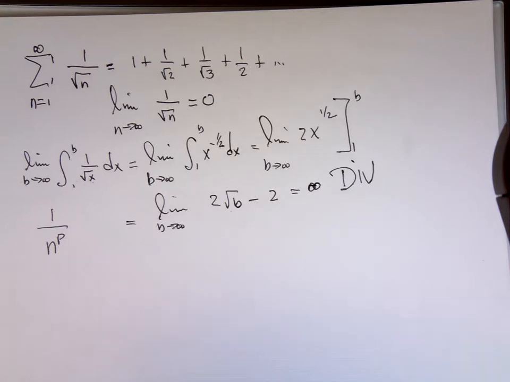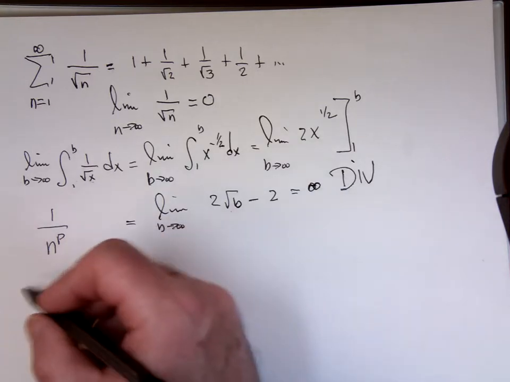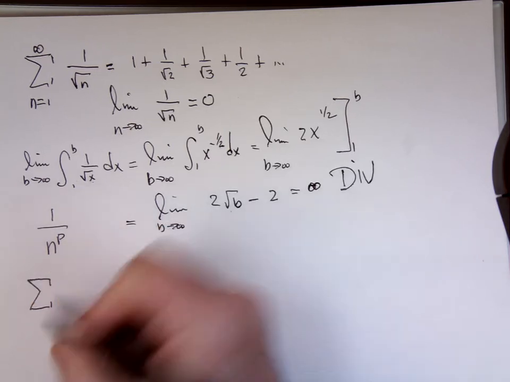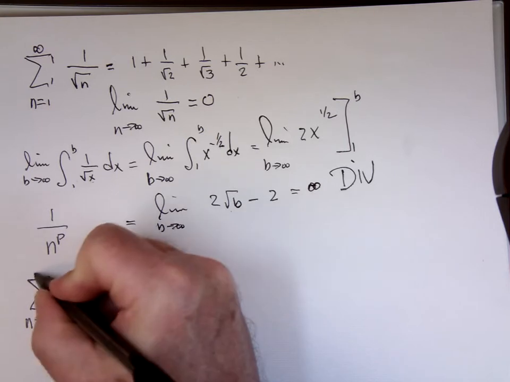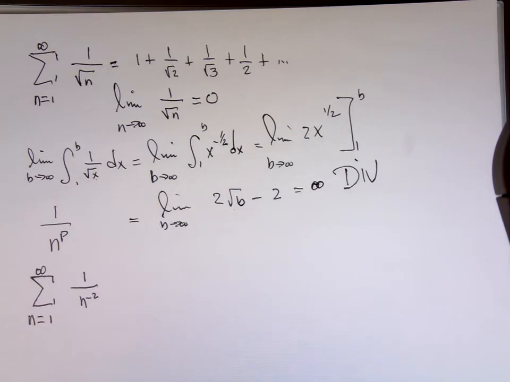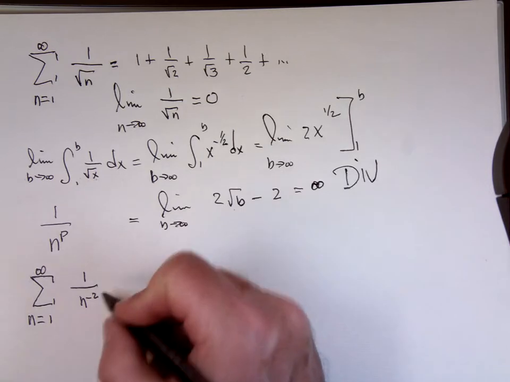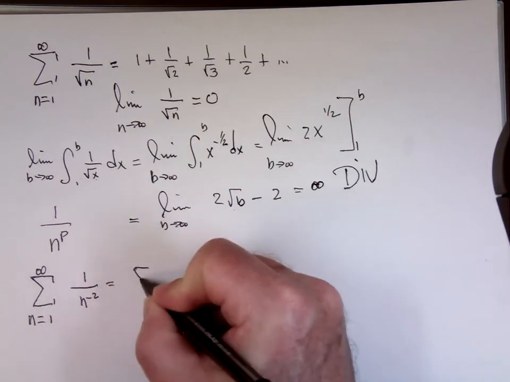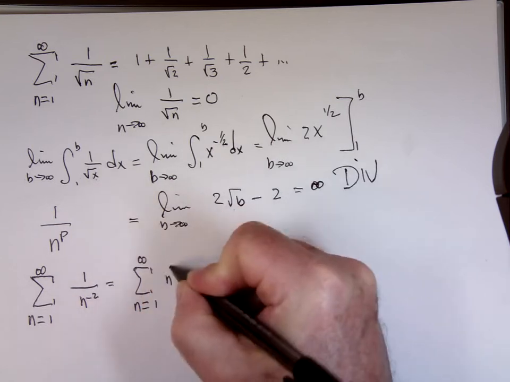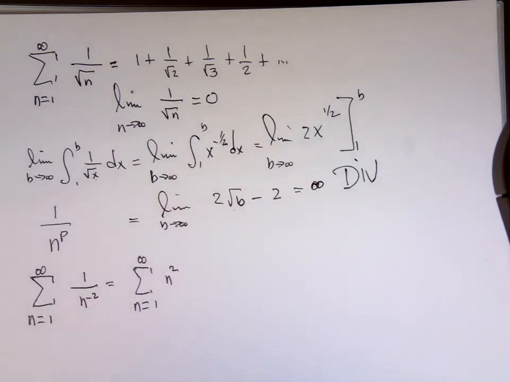Let's suppose we have this series. Let's take a look at this series. Now P is negative 1/2. Well, let's rewrite this thing. Now, I could use an integral test on this to prove that it diverges.